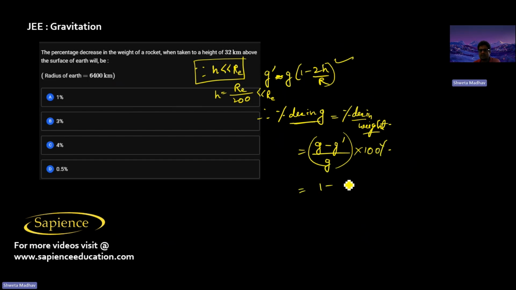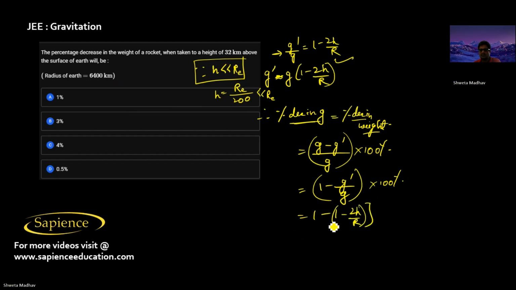It means it is 1 minus g dash by g, that is 1 minus 2h by r, obviously. This will be 1 minus 1 minus 2h by r into 100%. So 1 will get cancelled. Minus of minus is plus, so 2h by r into 100%.